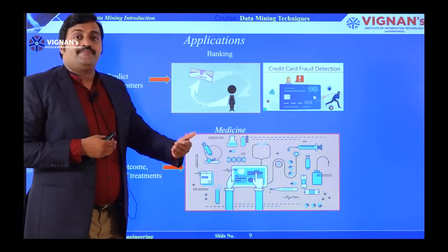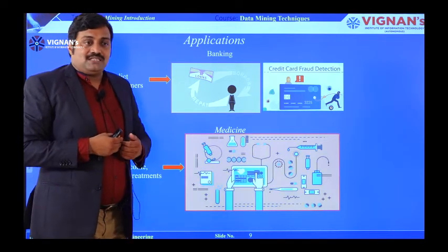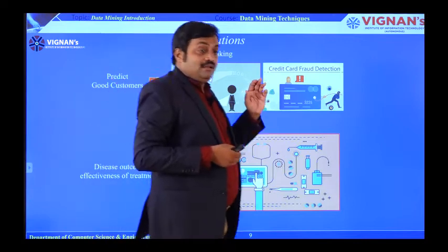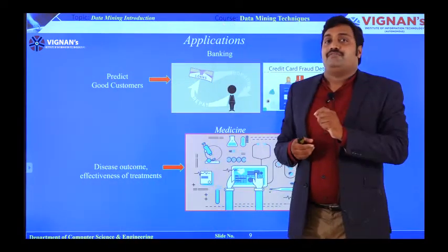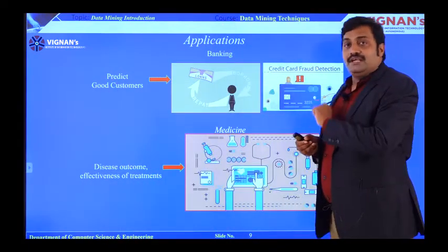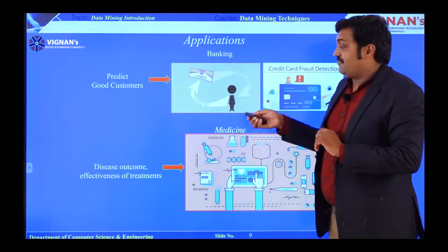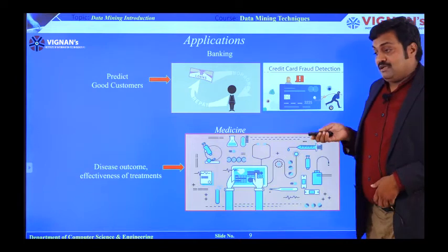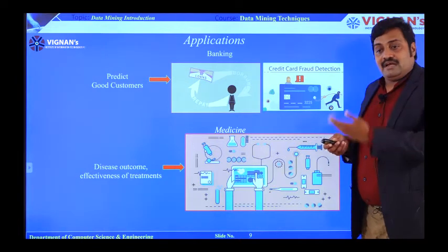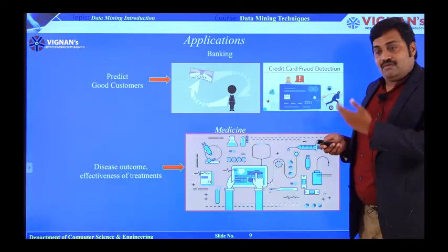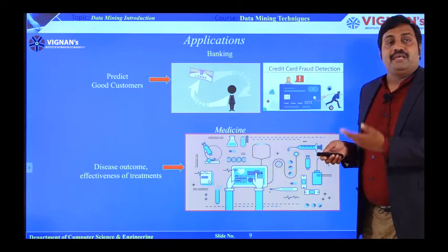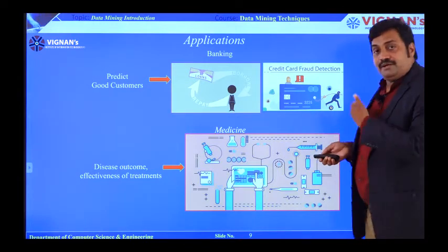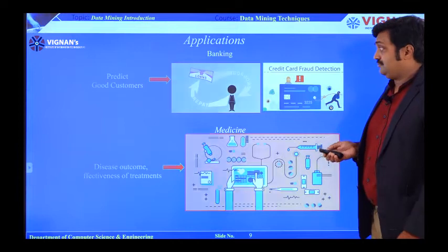Based on your test results, the doctor is able to decide what kind of medicine needs to be given to the patient. That is a very important mining application here, because huge numbers of tests are happening nowadays. Then what decision needs to be taken, or what good treatment needs to be given to the patient.